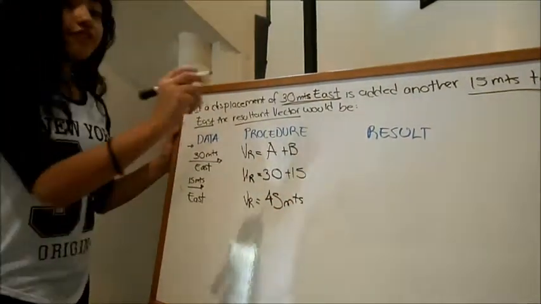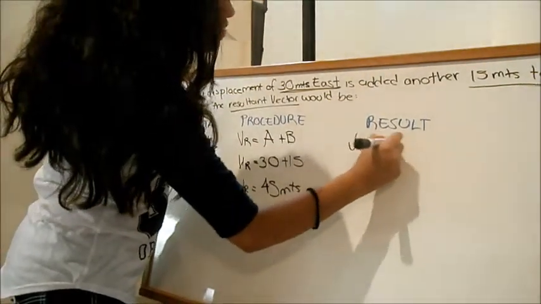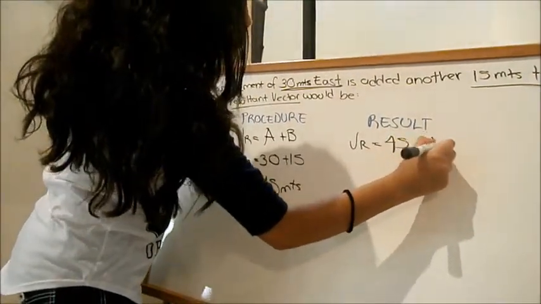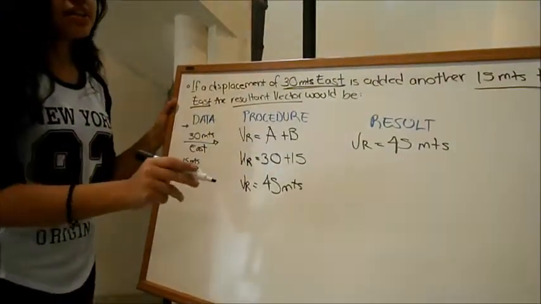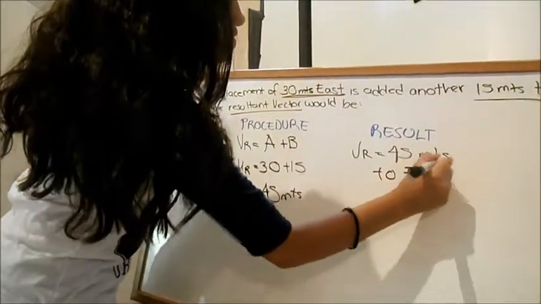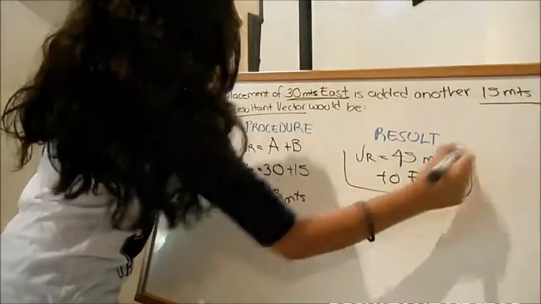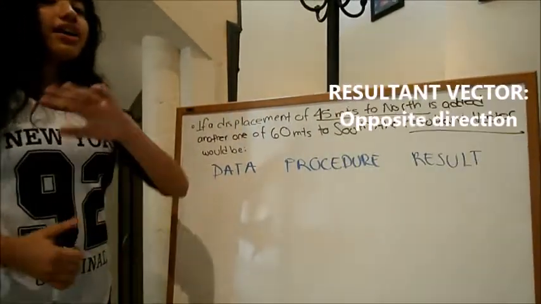Then for obtaining the result, we just write the 45 meters. And for the direction, when two vectors are going to the same direction, the final direction will be the same. That means to east.